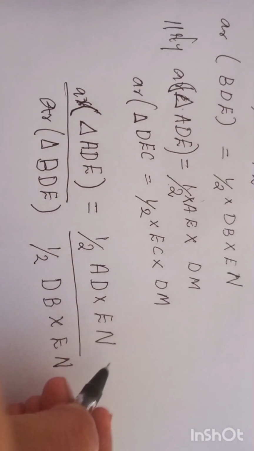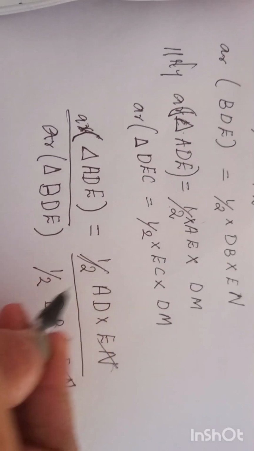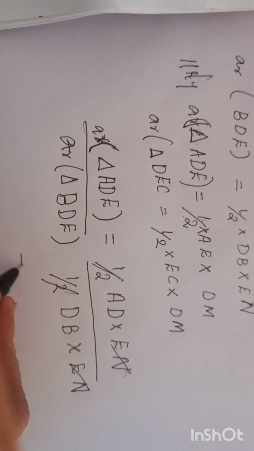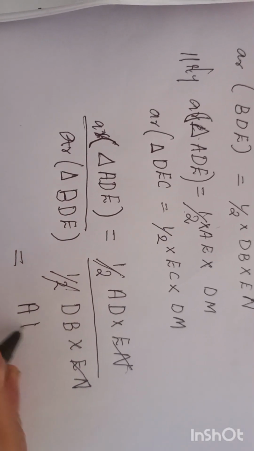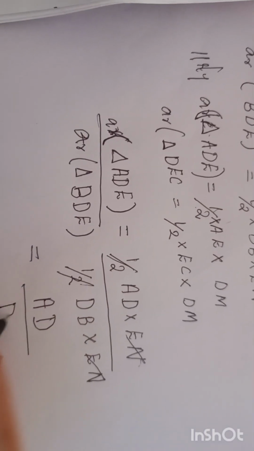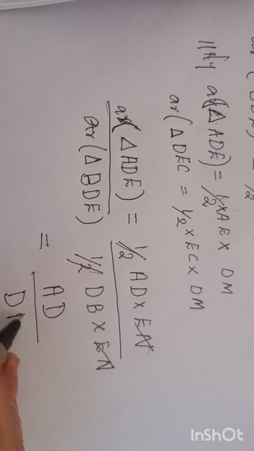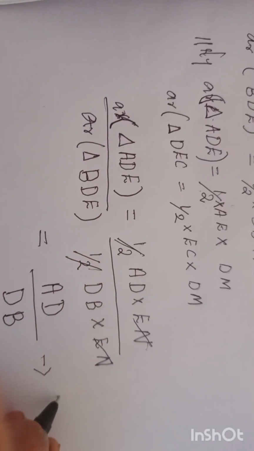So this EN and this EN will cut off and these halves will cut off. So we get AD by DB, equation number 1.